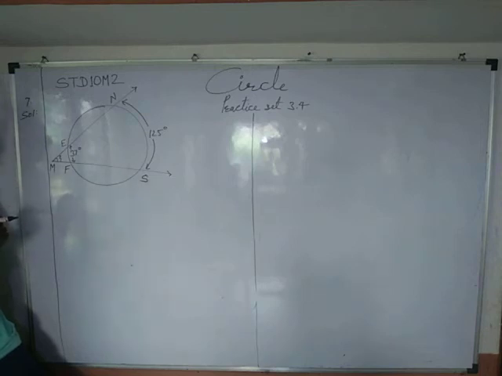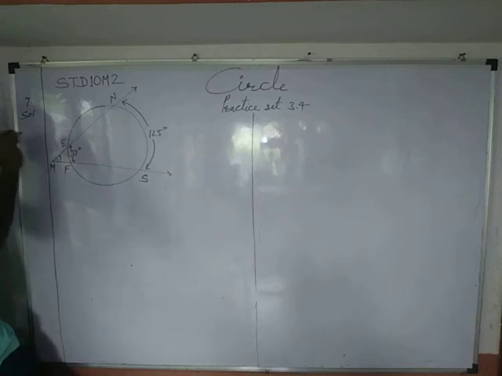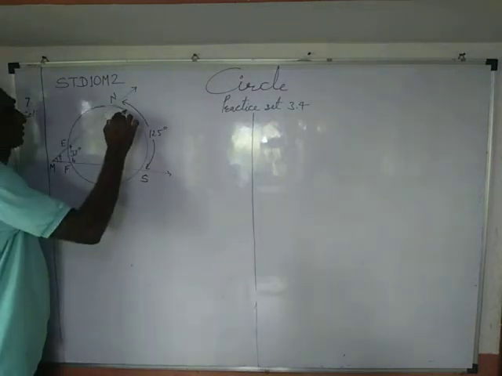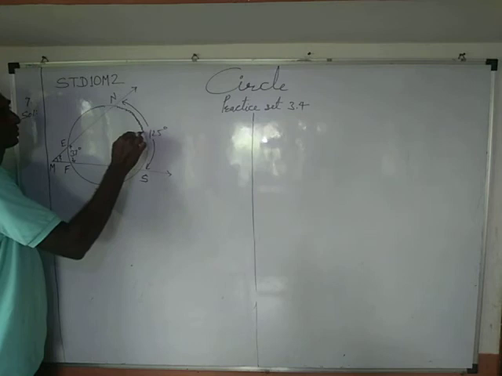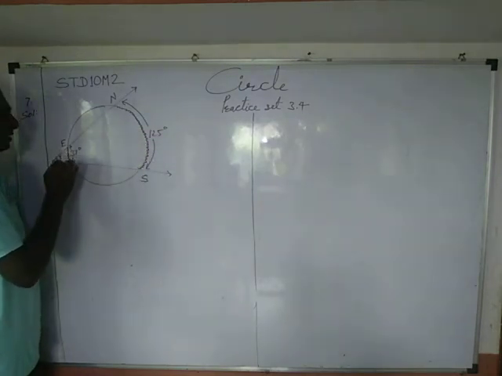And we learnt, if lines containing chords of a circle intersect each other in the exterior of a circle, then the angle between them equals half of the difference of measures of arcs intercepted by that angle. Means half of the difference of measure of arc NS and measure of arc EF.